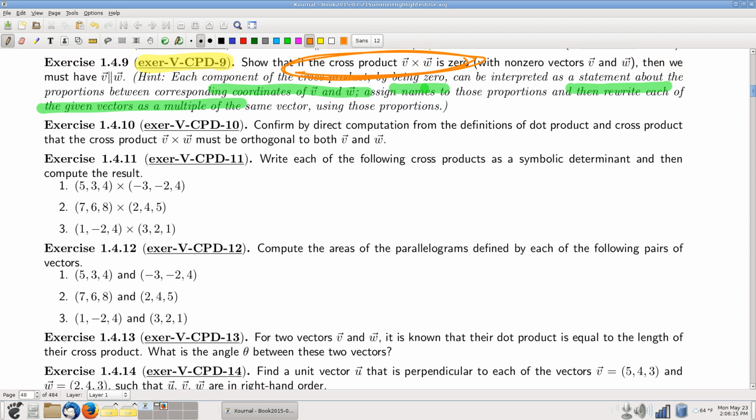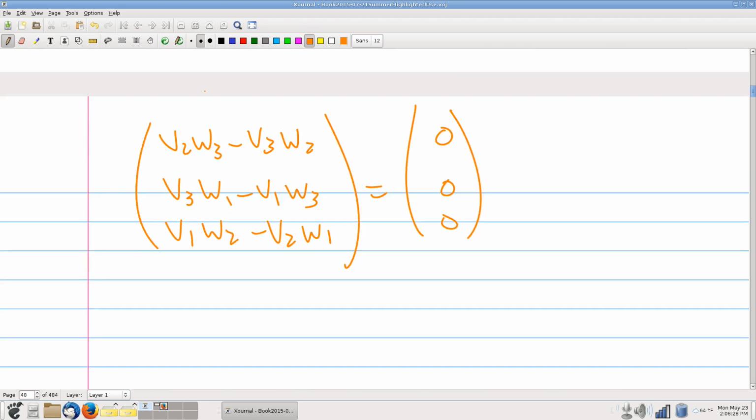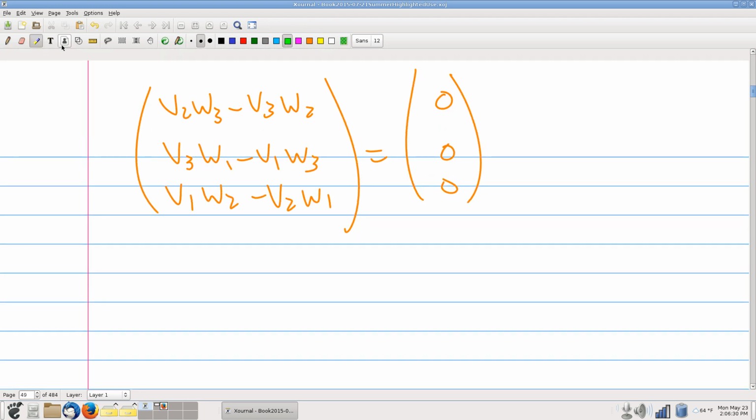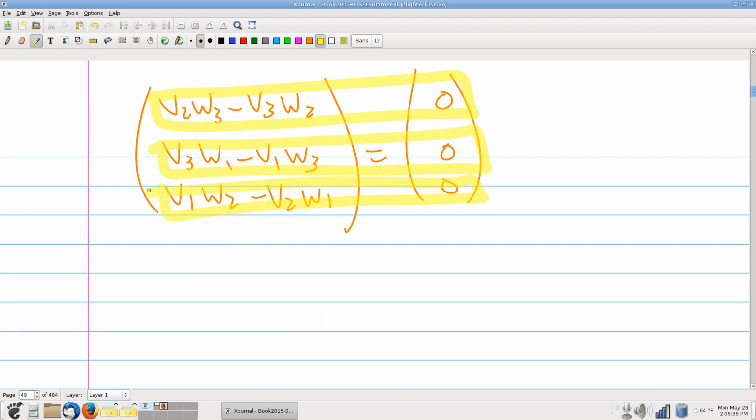Now the hint says I can interpret that as a statement about the proportions between corresponding coordinates of v and w. So how can I interpret each one of these equations as a statement about the proportions of coordinates of v and coordinates of w?